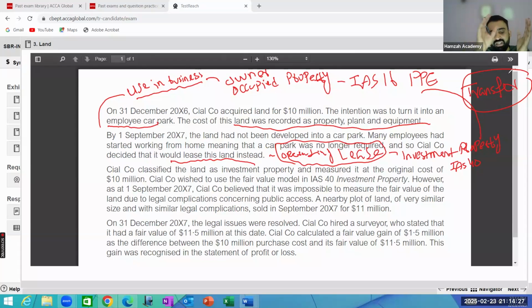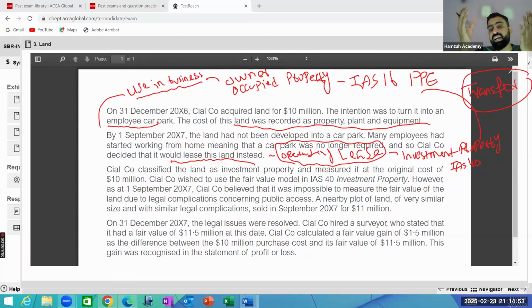So it is a situation where a property, plant and equipment, a property which was an owner occupied property classified under IAS 16, is now being transferred to IAS 40 because there is a change in objective to hold the property, or you can say a change in use of the property.